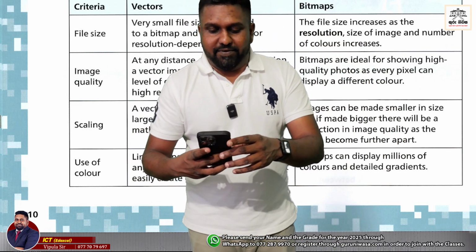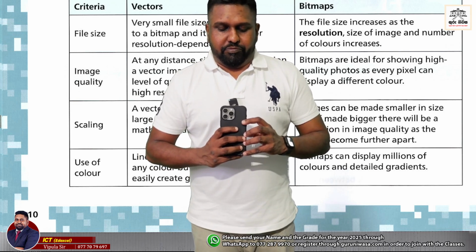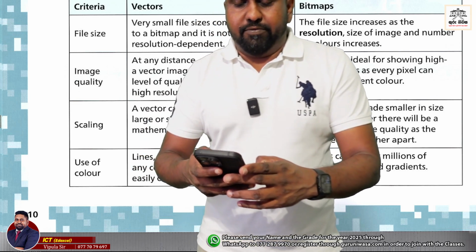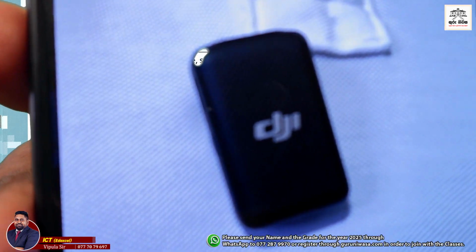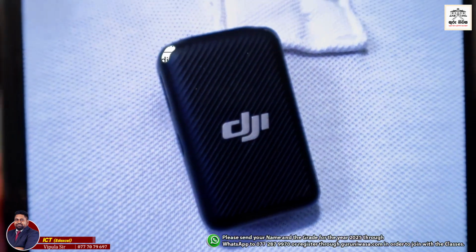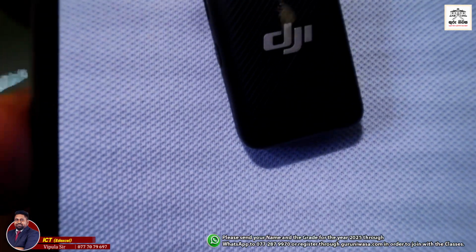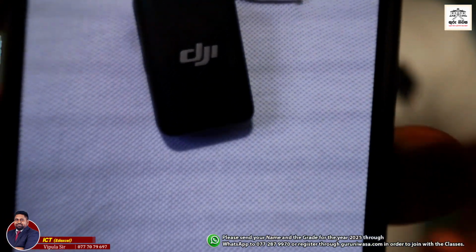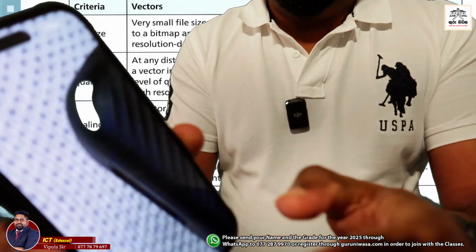Okay, let me take a different picture. Let's take a picture of my microphone. Okay, so here you can see it's having all the details. You can even see the fabric pattern, right? And then if I zoom in, see how far I can zoom in.